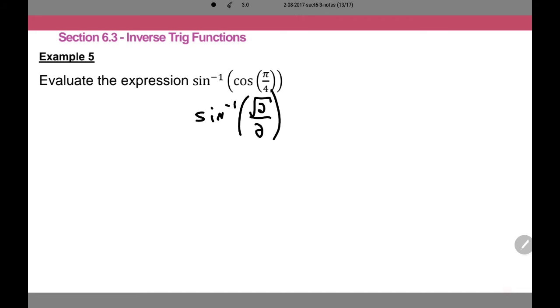And then the inverse sine of that gives us back that angle pi over 4. Now it doesn't always work that way. In this case it does, because those two have the same value. So you look at the inside, find its value from the unit circle, and then you evaluate the inverse sine again using the unit circle.